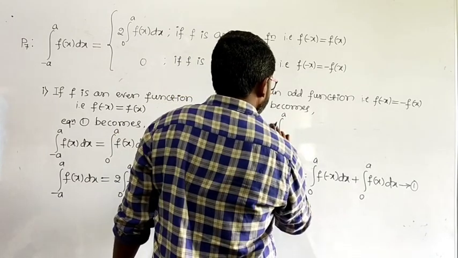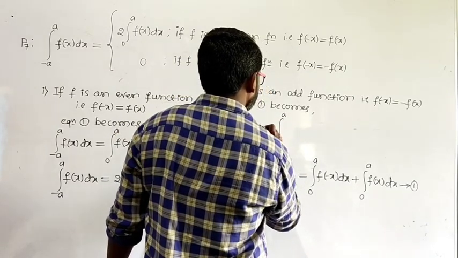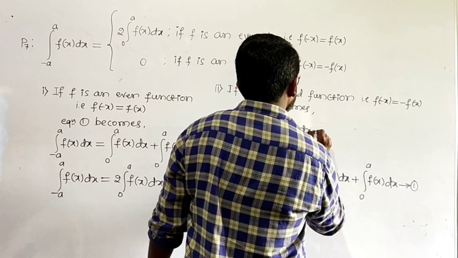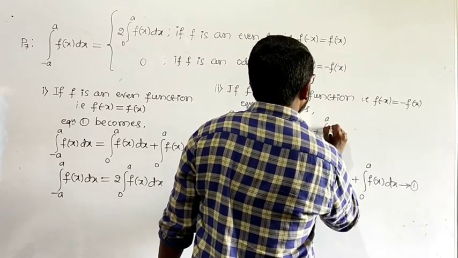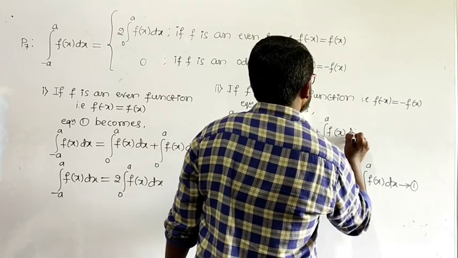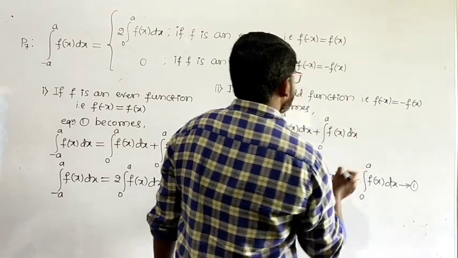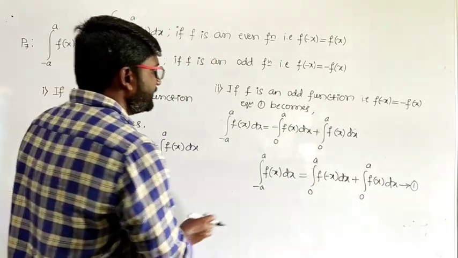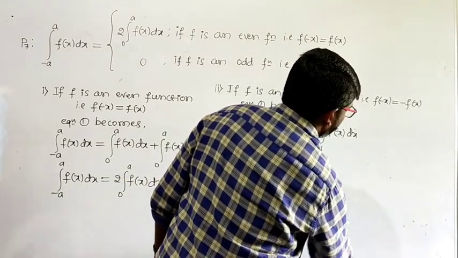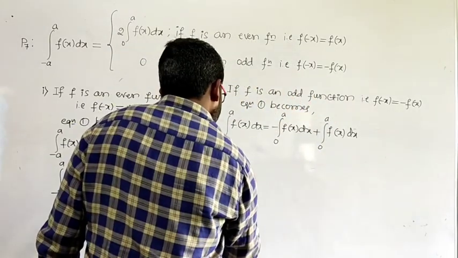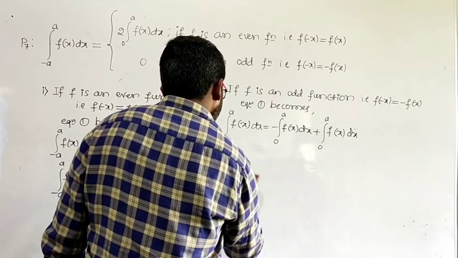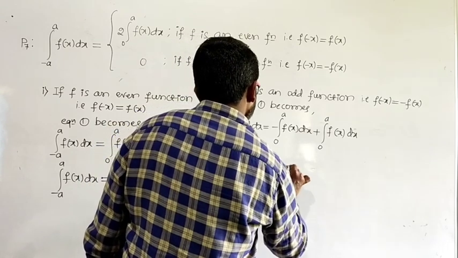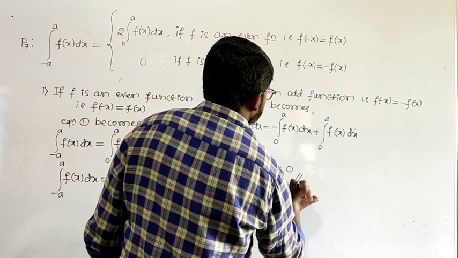So I write minus outside, minus integral f of x dx plus integral 0 to a f of x dx. So here these two get cancelled. Minus 0 to a f of x dx plus 0 to a f of x dx get cancelled. The answer will be 0. Therefore, integral minus a to a f of x dx is equal to 0. So we have proved the second case as well.